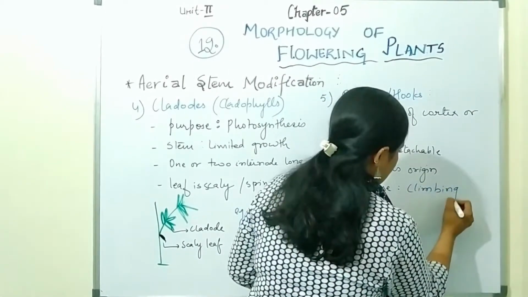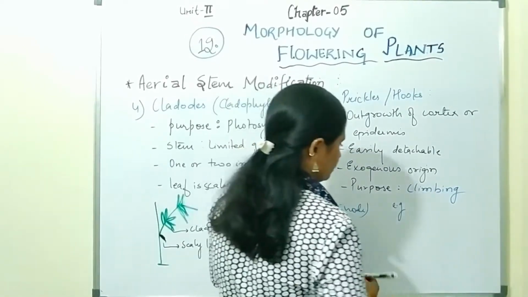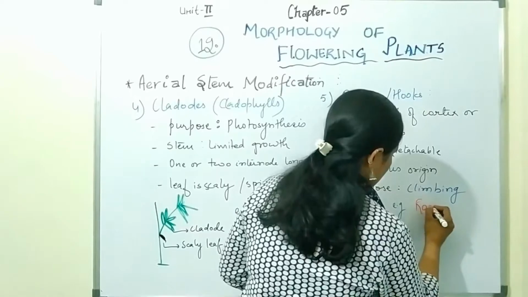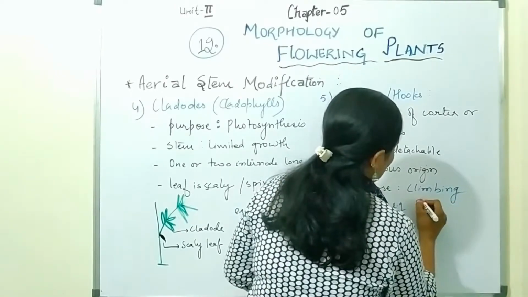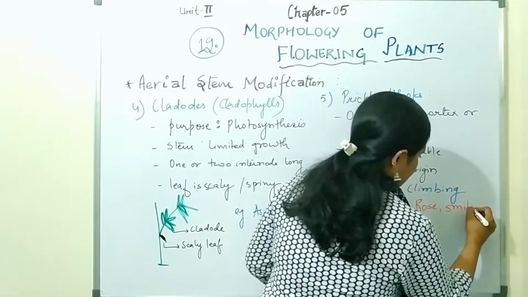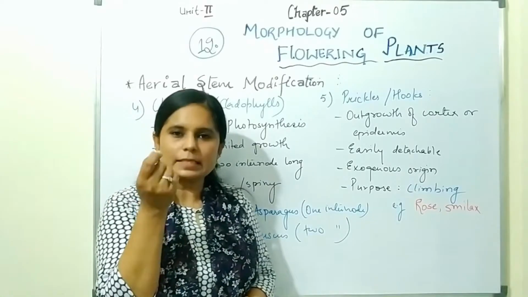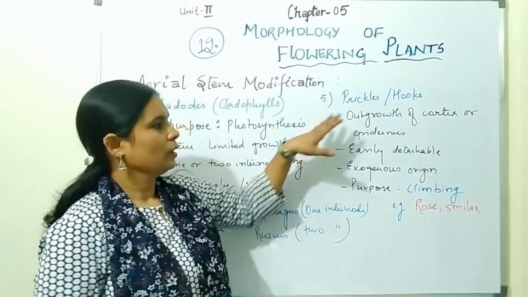You will see such structure in case of rose, and you will find this in smilax. So prickles and hooks can be easily detached.